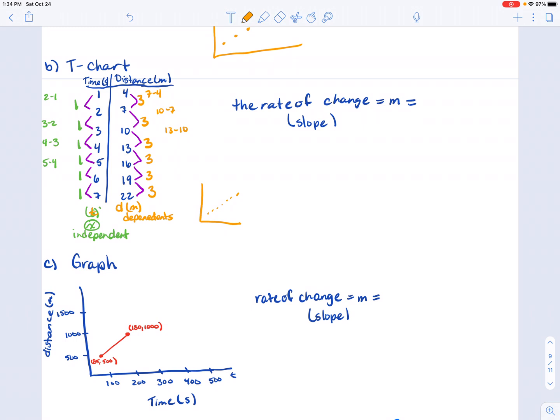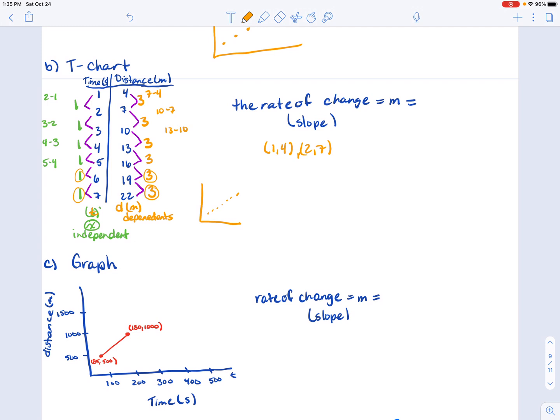So let's look at if I actually didn't do this activity where I found out each of these in between, but instead I just picked 2 of the points. So let's look at 1 and 4 and 2 and 7. So those are my 2 sets of points that I'm looking at.